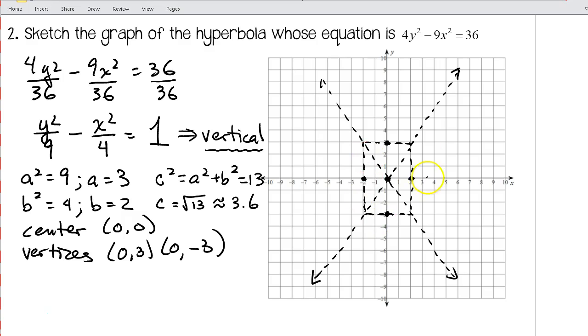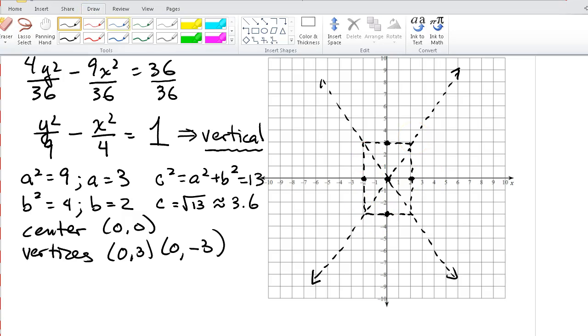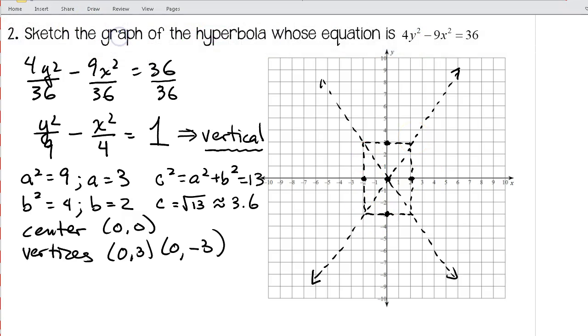And once I have my central rectangle and my asymptotes, I can go ahead and draw the curve. Remember, it's vertical, so I want to start at the vertices, which are here on the top and the bottom of my central rectangle. So here's one piece, parabola shape. And then the other piece down here, parabola shape. And this blue is the actual hyperbola. Everything else is just helping us.